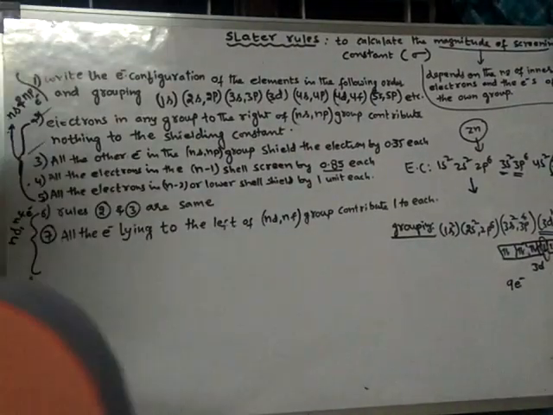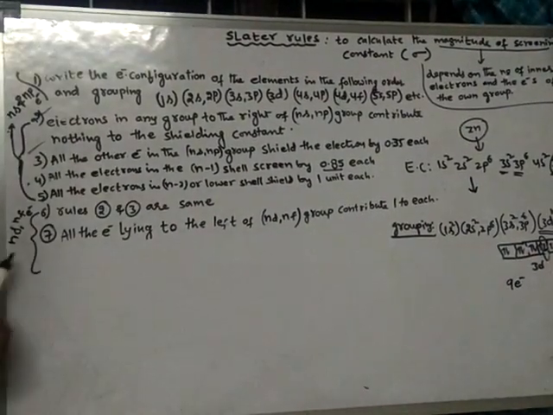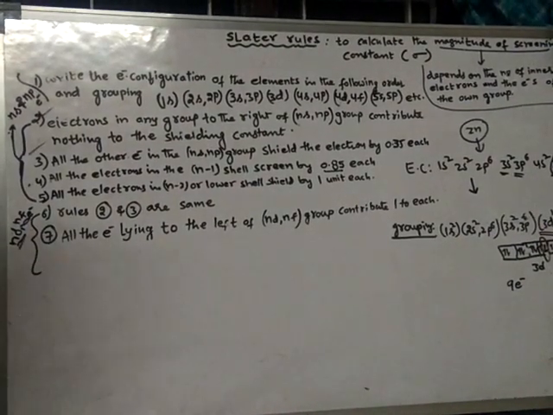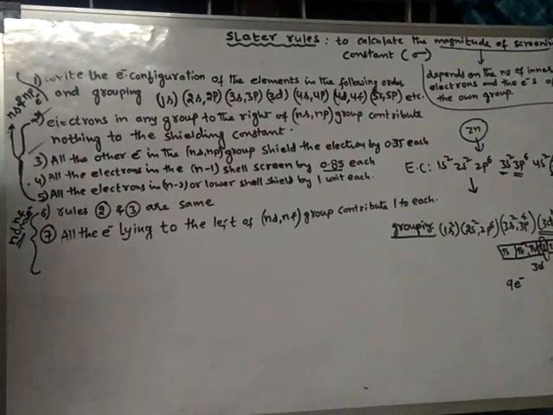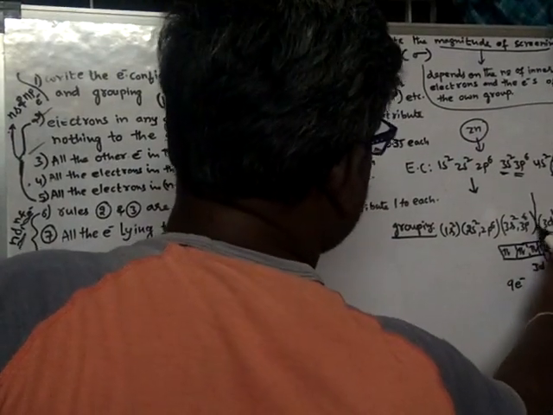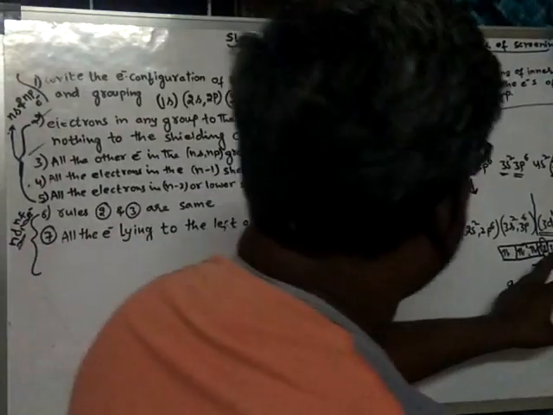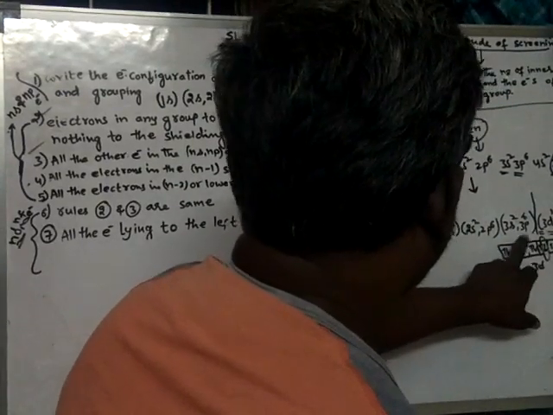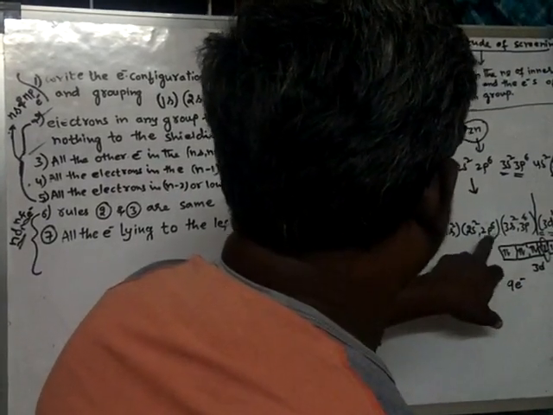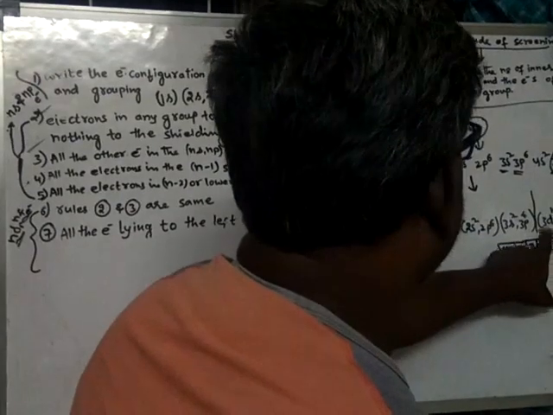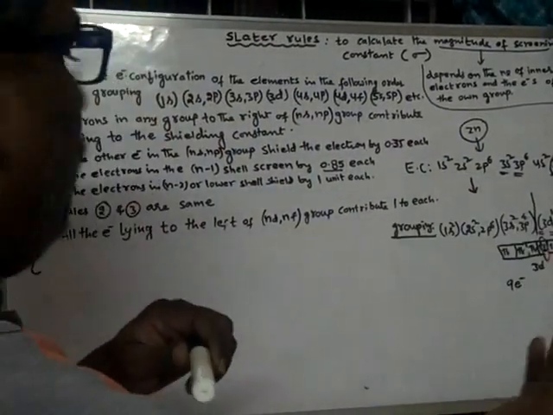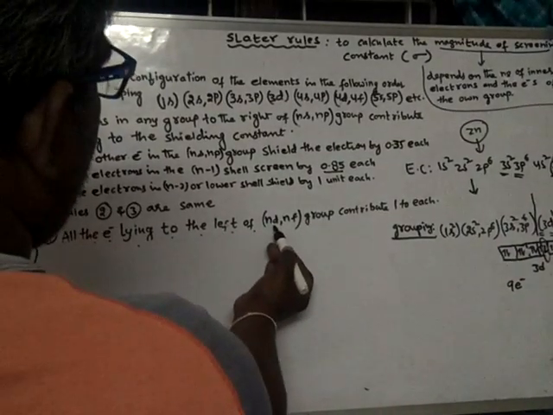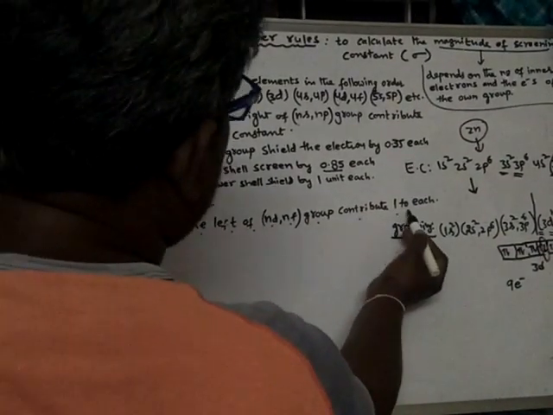Now, to calculate the screening constant for a d electron or f electron, all the electrons in other groups lying to the left of this particular group contribute 1 each.